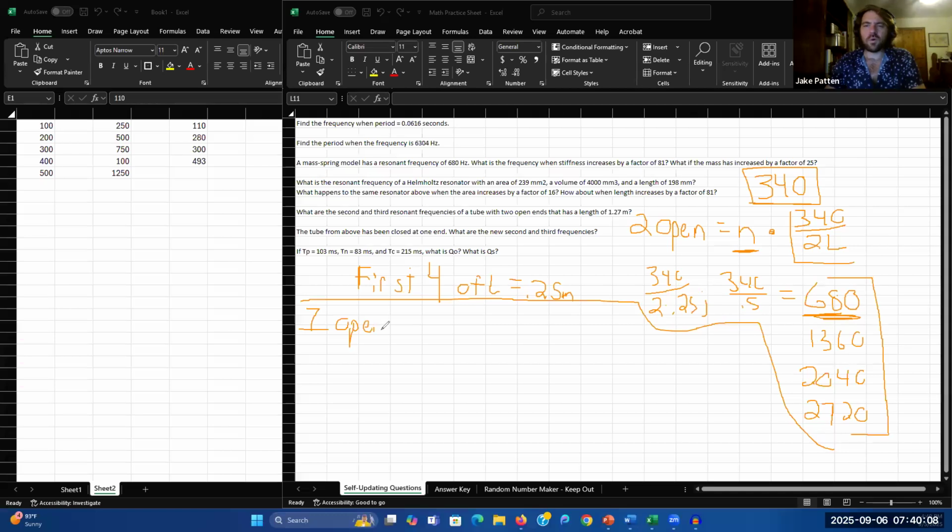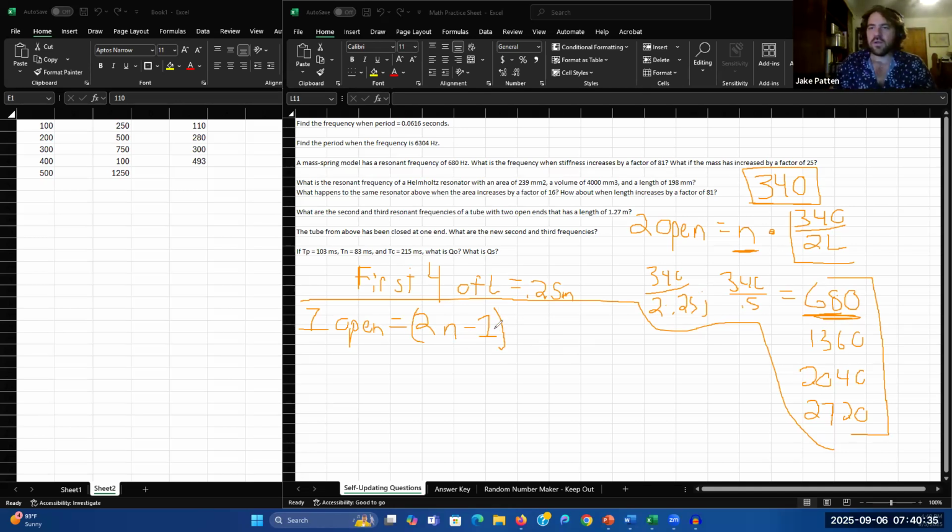Only one is open, or one is closed, whichever. That changes the formula to be 2n minus 1 instead of just n. So now, if you have the first harmonic, it's 2 times 1 minus 1. That's still 1. Okay, great.